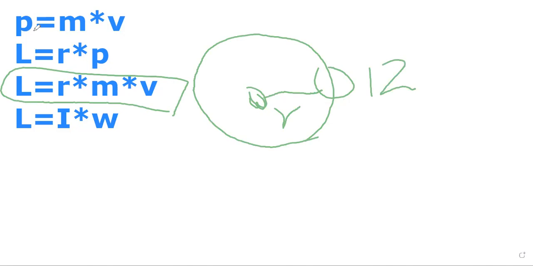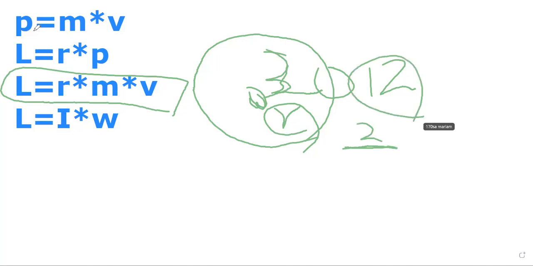So if r is reduced or decreased, it was 3 and becomes 2, what will happen to the velocity? Since r is decreased, the velocity must increase to make the angular momentum at last be conserved.